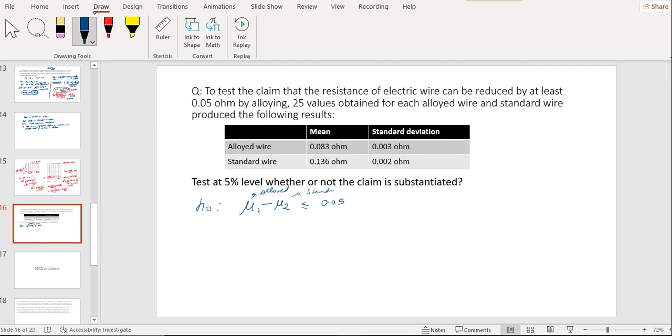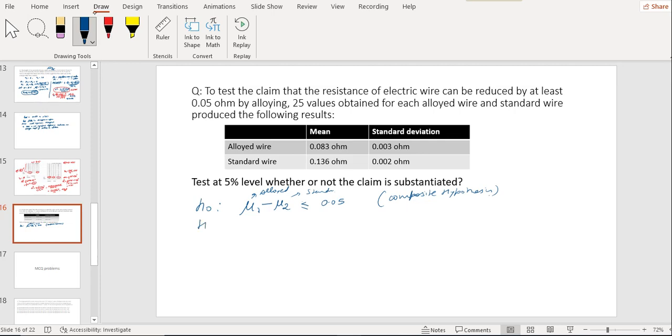So it is basically a composite hypothesis, right? In the very first video of the basic definitions, we discussed what a composite and a simple hypothesis are. When instead of a single point we are given a range, that kind of hypothesis is called a composite hypothesis.